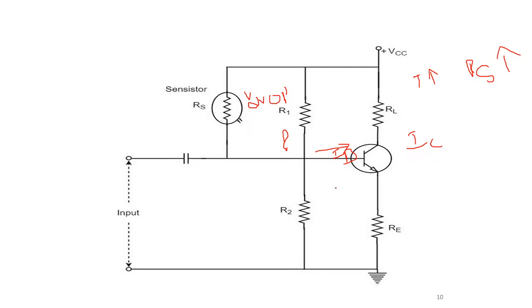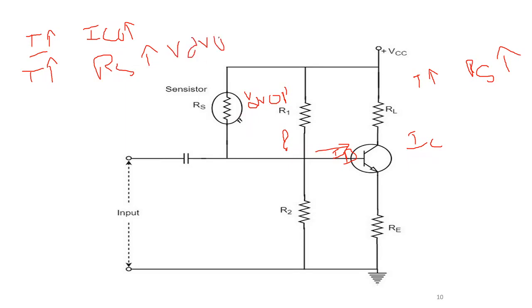The main scenario we have to see is that whenever the temperature has been increased, ICO is increased. Due to this temperature variation, the sensistor resistance is increased. So the drop has been increased.